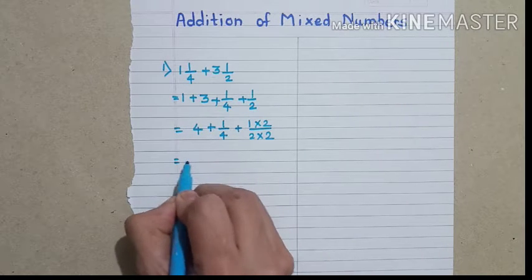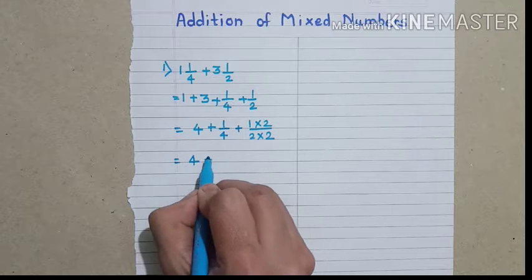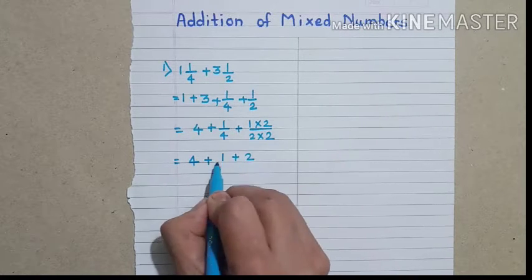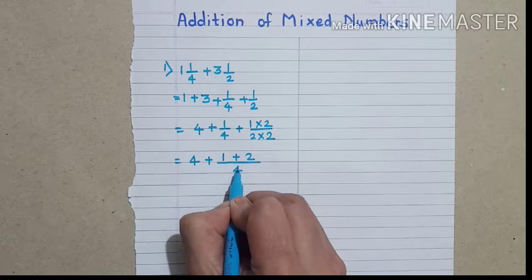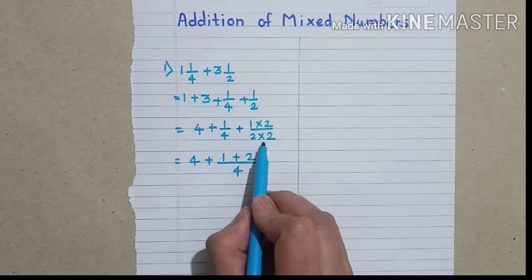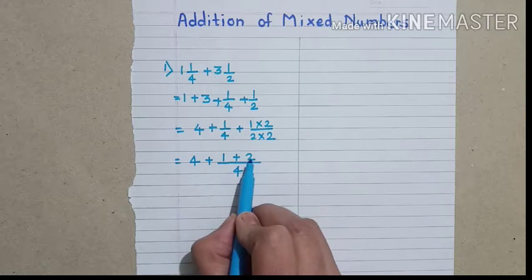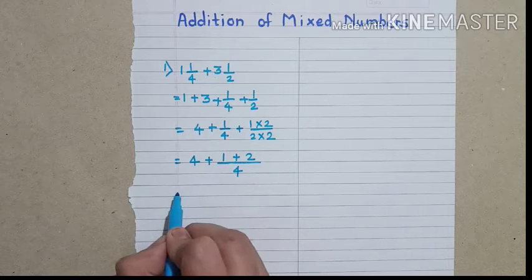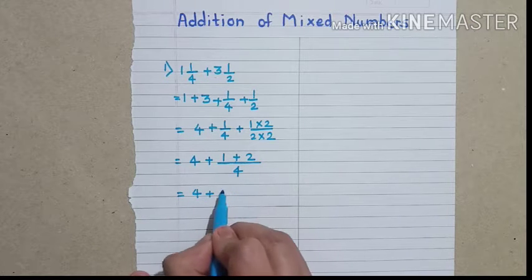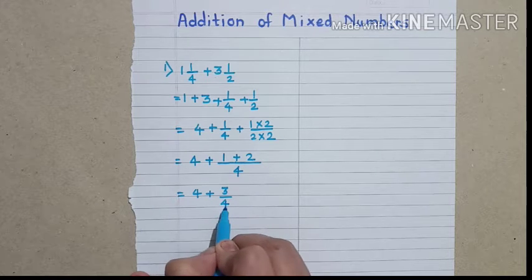So therefore 4 plus 1 plus 2 ones are 2 and the denominator is 4. So here 1 upon 4 plus 2 upon 4, that means 1 plus 2 upon 4. Now 4 plus 1 plus 2 is equal to 3 upon 4.